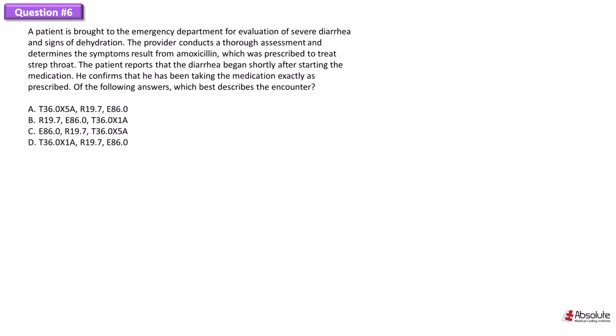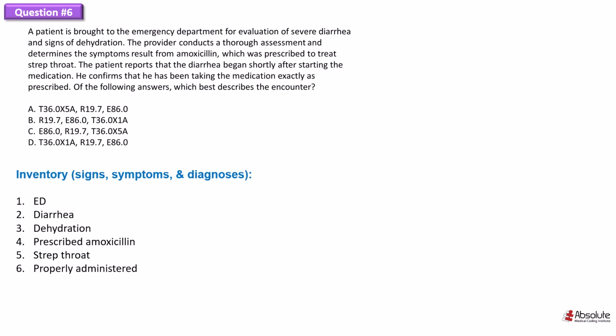How did you do, coders? How did you do with that inventory? Did you write down ED, diarrhea, dehydration, prescribed amoxicillin, strep throat, and properly administered? Might be something like this. Hopefully you did.